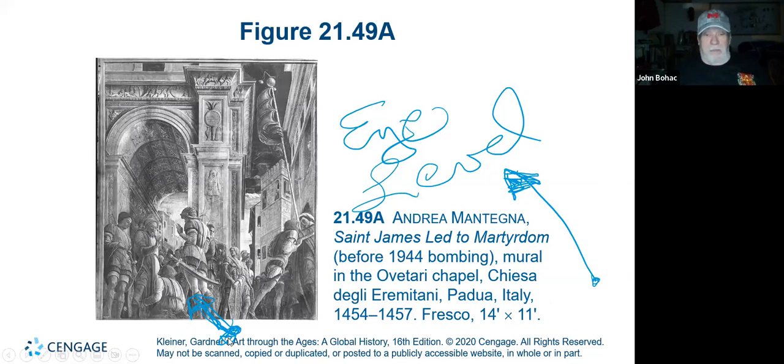But bottom line, look at this. This is where your eye level would be. And you, by extension, you who are looking at this painting are looking up almost as though the viewer is on his or her knees, looking up at St. James and begging for forgiveness. Interesting.